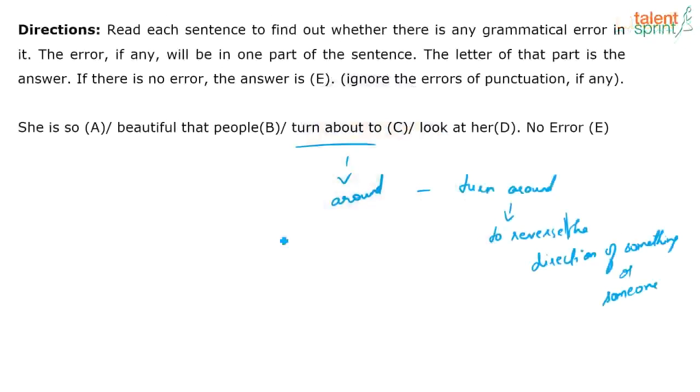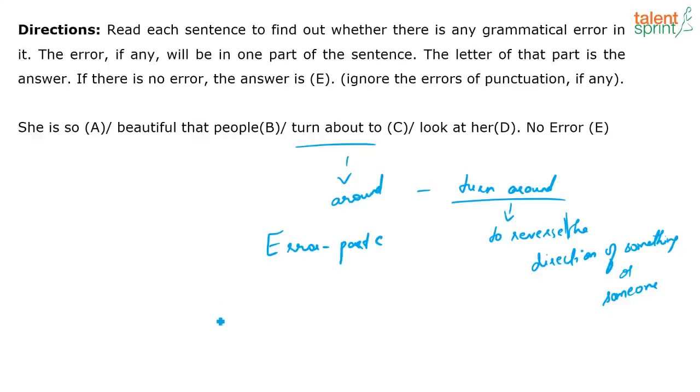So obviously the error is in part C, where I change turn about to turn around. So literally, the meaning of this turn around, I'll give you another example of the same meaning as our given context.